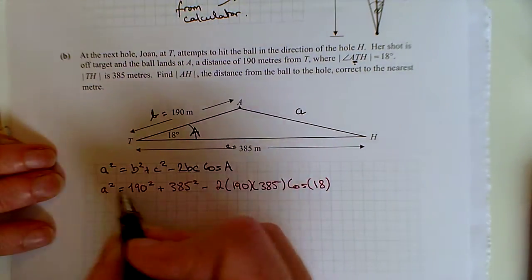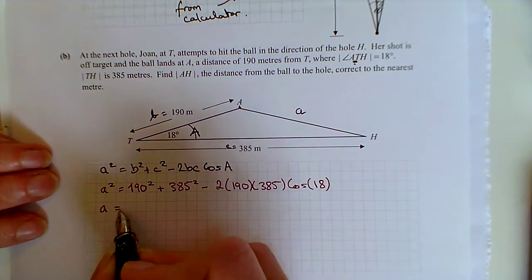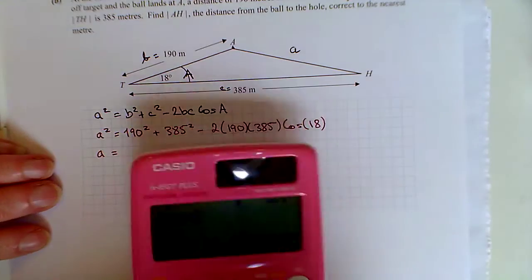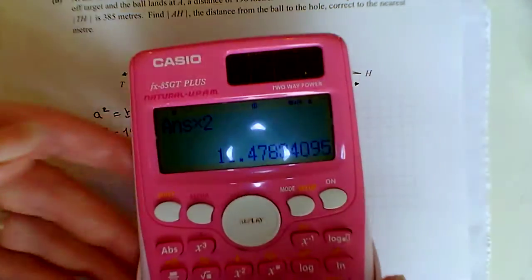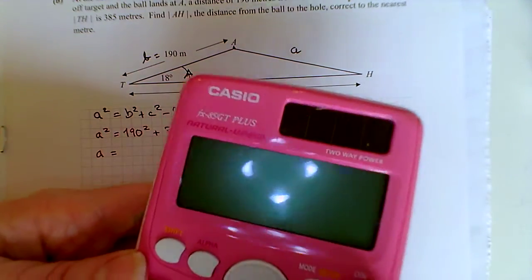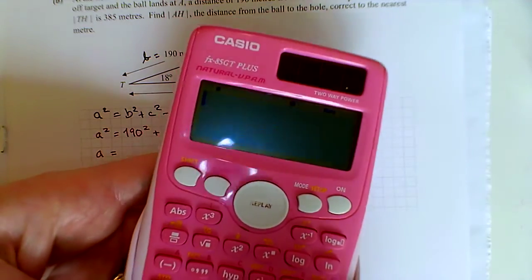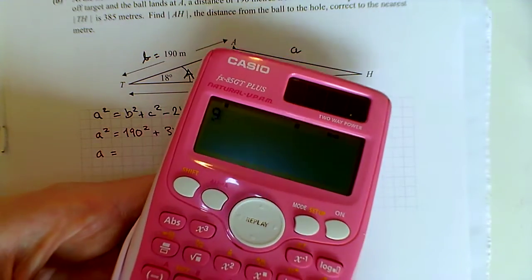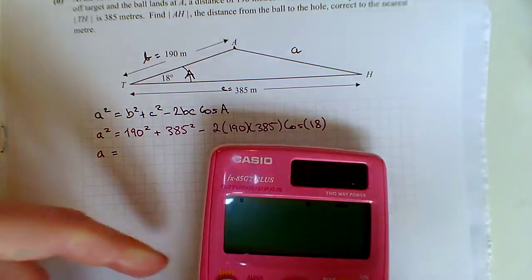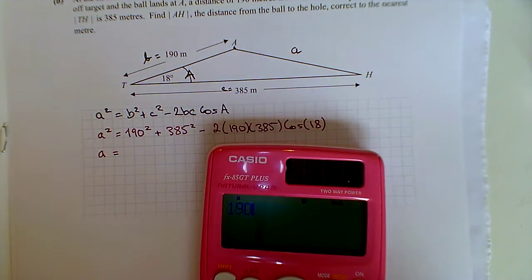You could even do the square rooting all at the same time, but just so that we don't end up spending ages typing something into a calculator and then getting an error, let's type it in: 190 squared plus 385 squared minus 2 by 190 by 385 by the cosine of 18.